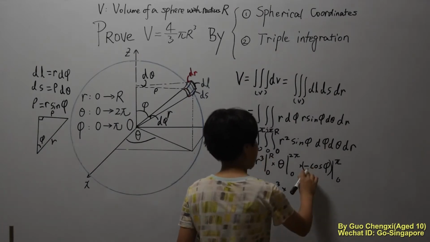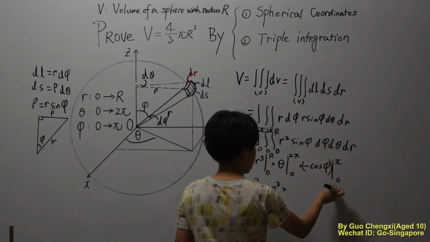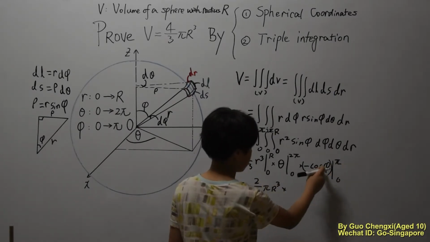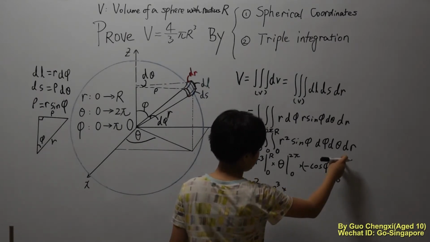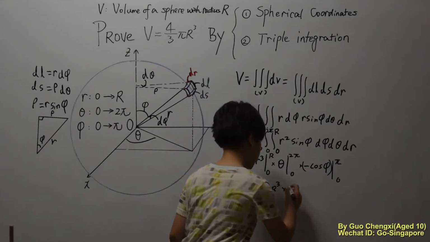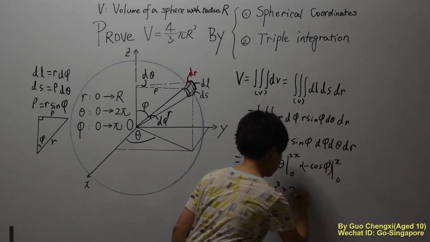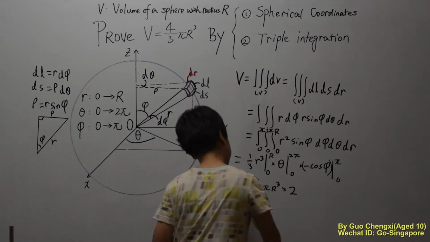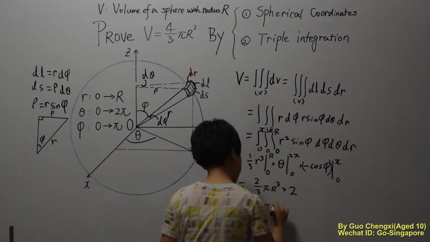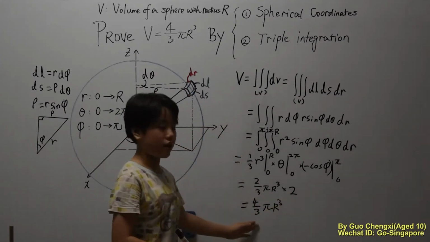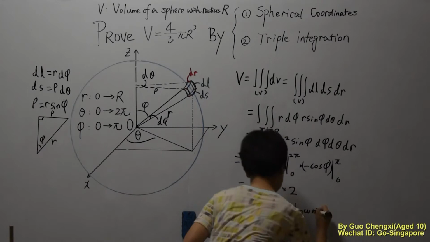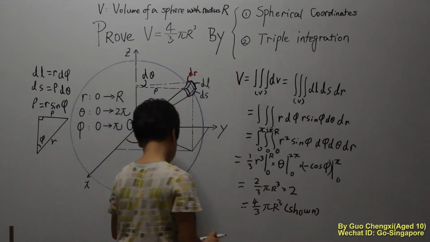Then times this part: cosine pi is basically negative 1, while cosine 0 is basically 1, so you get 2. So it will become 4 over 3 pi r cubed, as shown. So this is the answer.